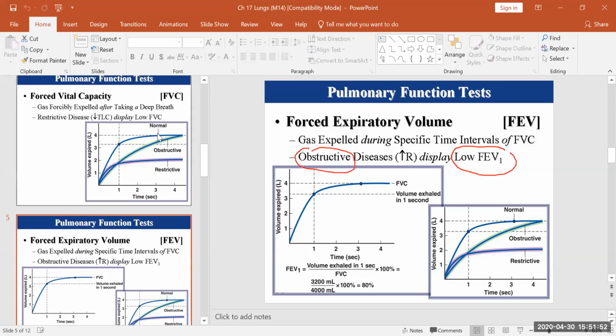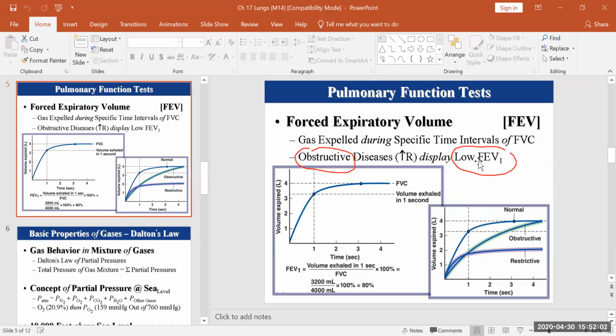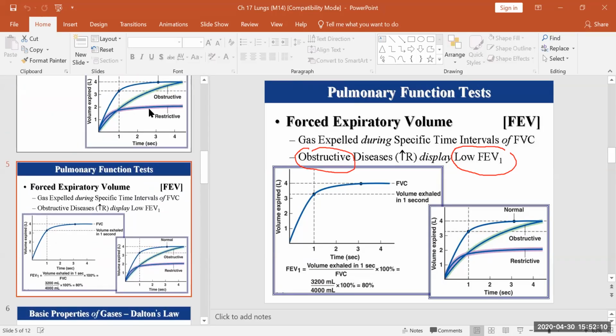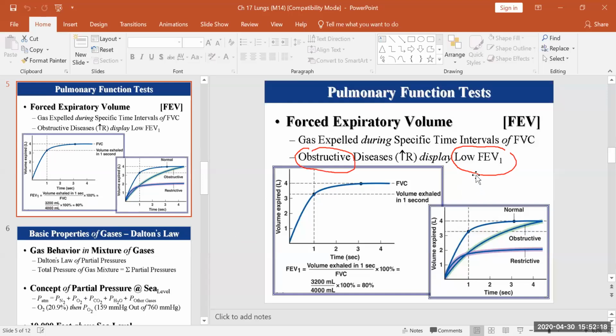Okay, so here, restrictive, low FVC. Obstructive, low FEV1. Again, restrictive disease, low FVC, obstructive disease, low FEV1.